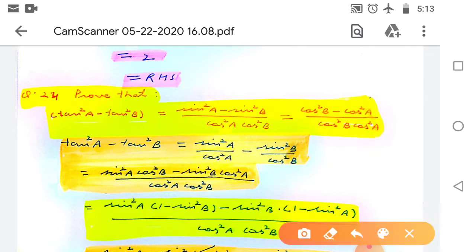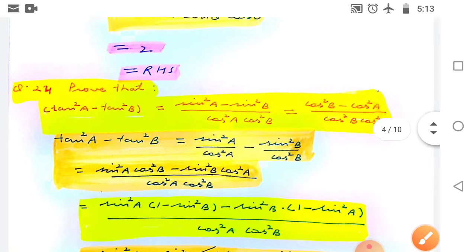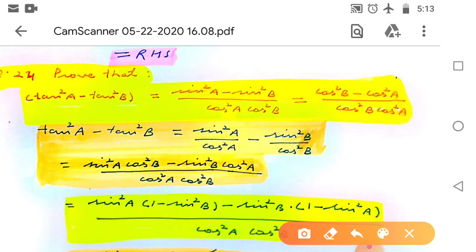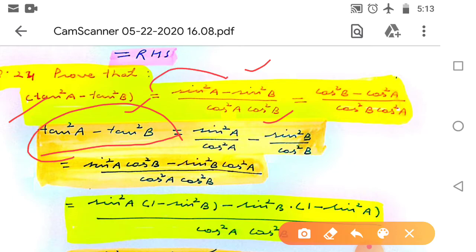Once again, look here. Tan square a minus tan square b, we need to prove this is equal to sin square a minus sin square b upon cos square a cos square b. Clear? Now we start with tan square a minus tan square b here, and we have to reach here.